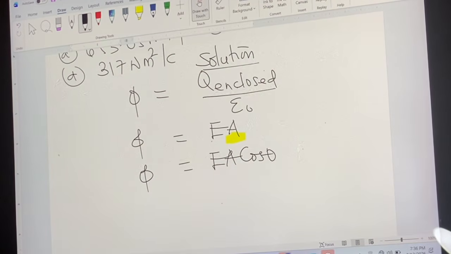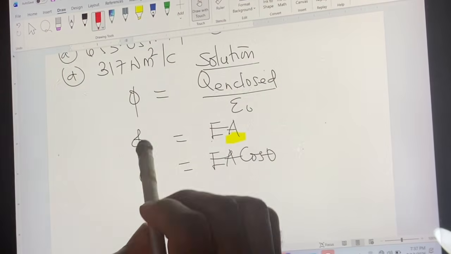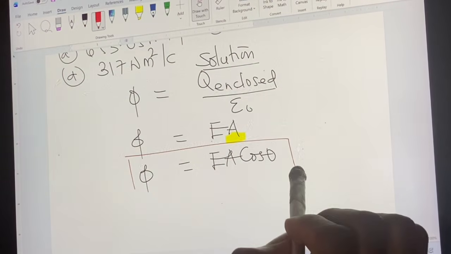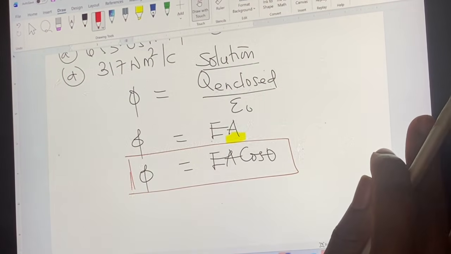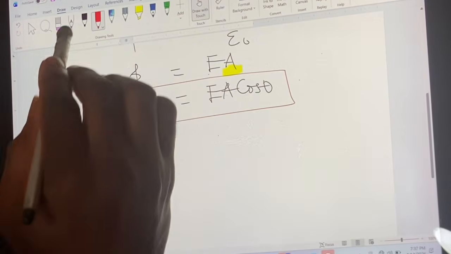Please take notes. So if you look into the question here, we are given theta, which is an inclined plane, and we are also given electric field. So the formula to use at this point is the third formula.